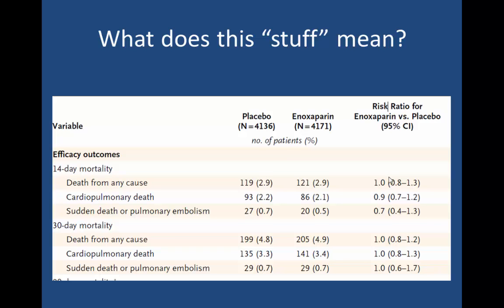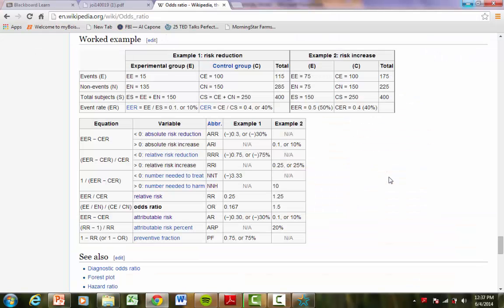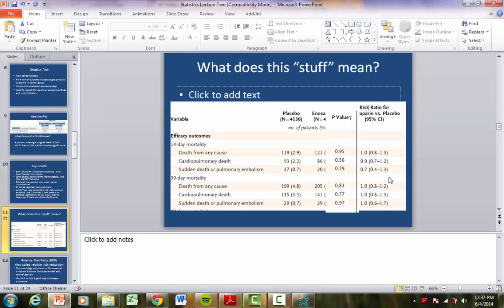If you have your calculator, and if you needed to refer back to this website, I'm saying, okay, how did we do that relative risk reduction? So I'm doing this math right here: EER minus CER divided by CER. Okay, so they're doing that math if you want to go through and do the math.